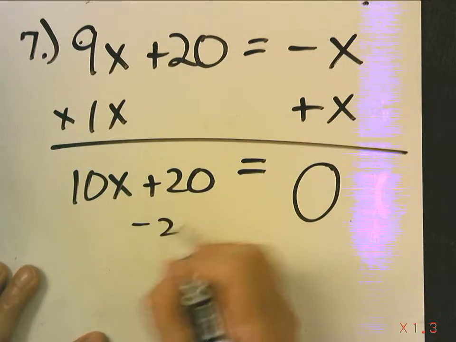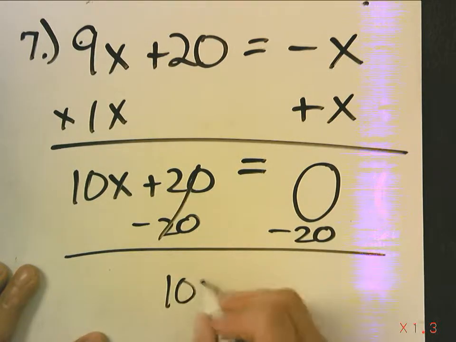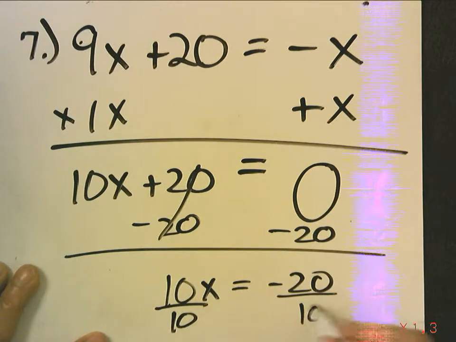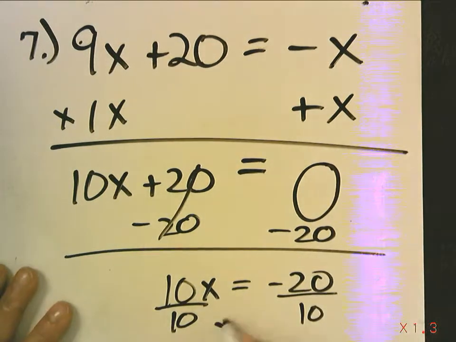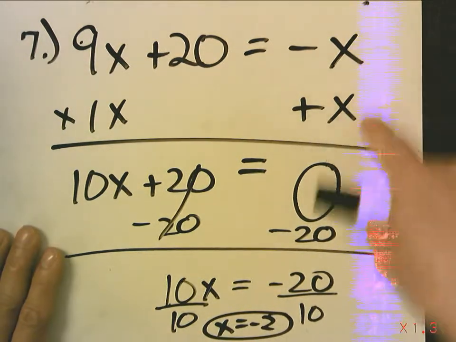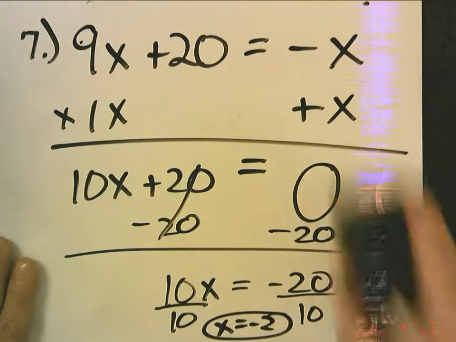Now I subtract 20 from both sides, and I get 10x equals negative 20. Divide by 10, and I get x equals negative 2. It is a negative 2. So you can't add an x to a negative x and then ignore the equal sign too.